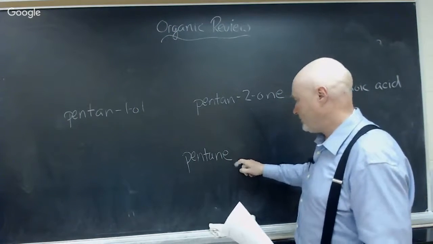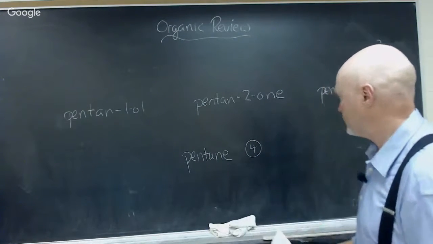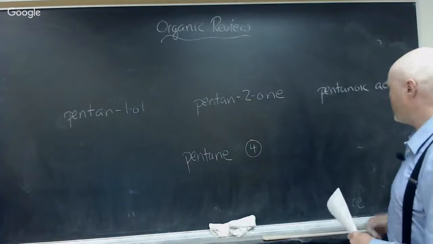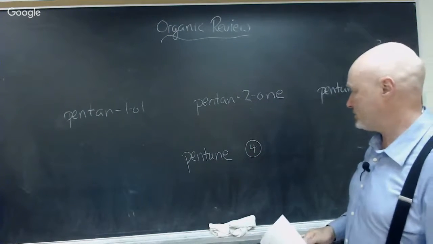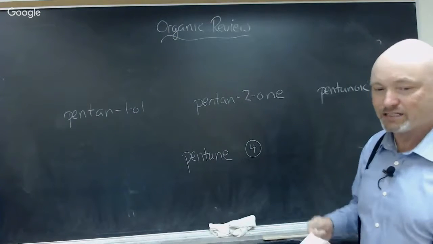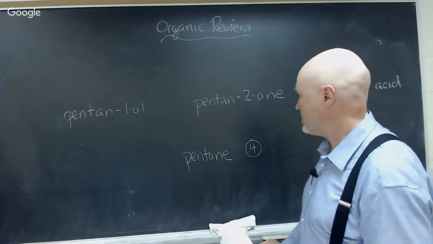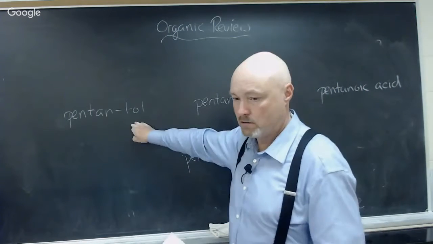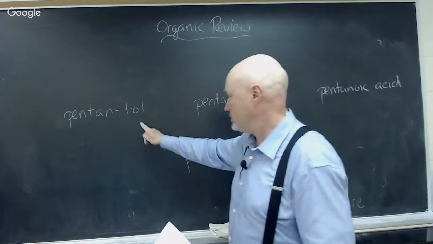So this is probably number 4 in terms of its boiling point. Which one out of these 3 would come next, in other words, have the third highest boiling point? Wouldn't it be pentan-1-ol? Because it has an OH on it.